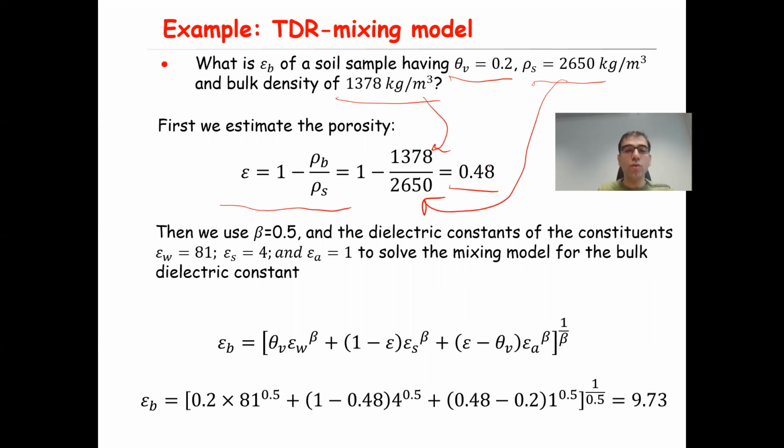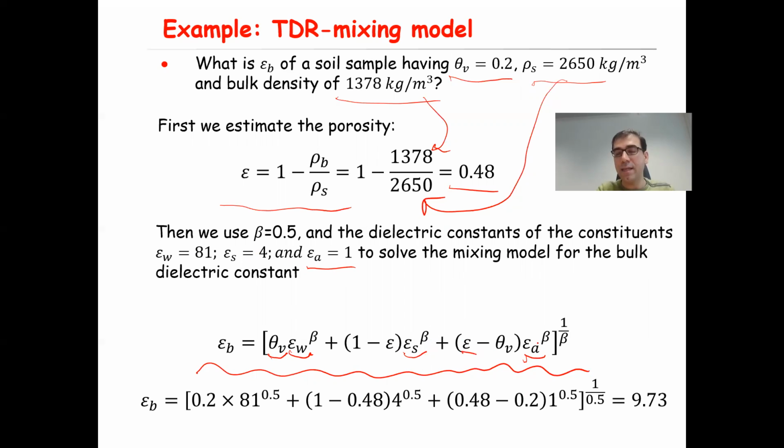And now you can use this equation to calculate the bulk dielectric constant. For that, you already have theta v, that is given in the question, 20%. You have epsilon w, that is 81. You have epsilon s for the solid phase, that is 4. And you have epsilon a, that is 1 for air. And epsilon, the porosity, you already calculated, that is 48%.